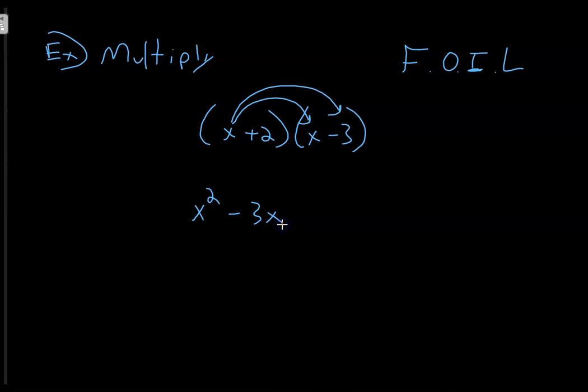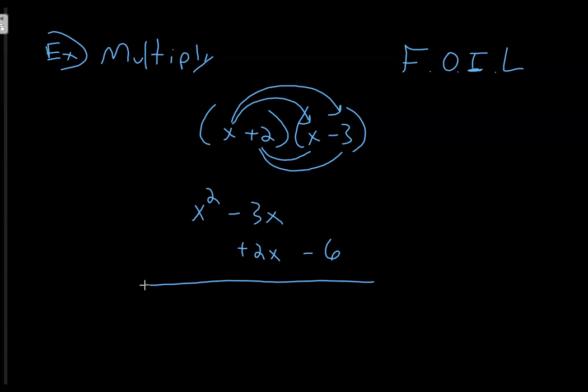And then I multiply the two inner terms, the inner and last terms. So multiply 2 times x and 2 times negative 3. 2 times x is positive 2x. 2 times negative 3 is negative 6. I usually line them up this way because a lot of times it lines up pretty easily, where the 3x and the 2x are like terms.